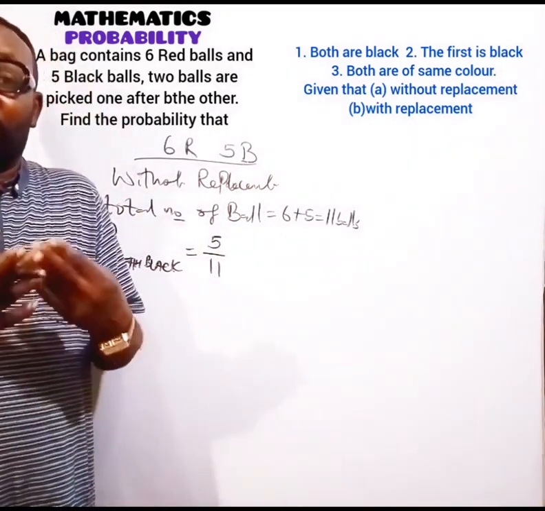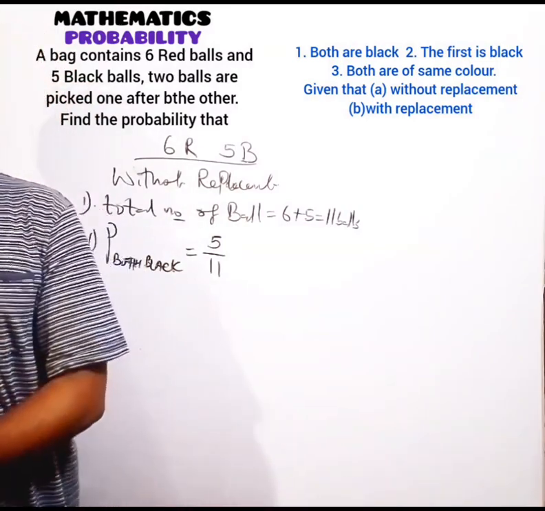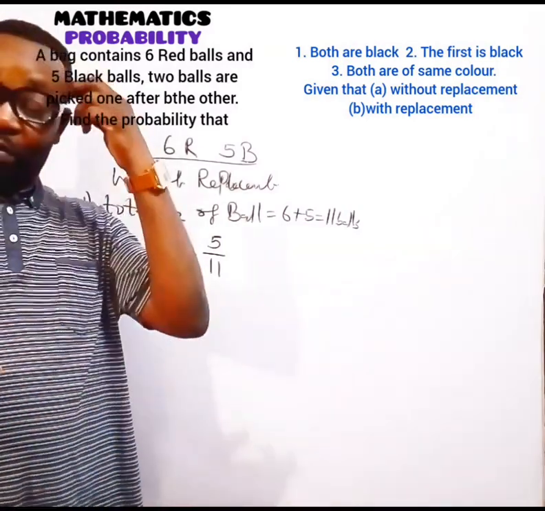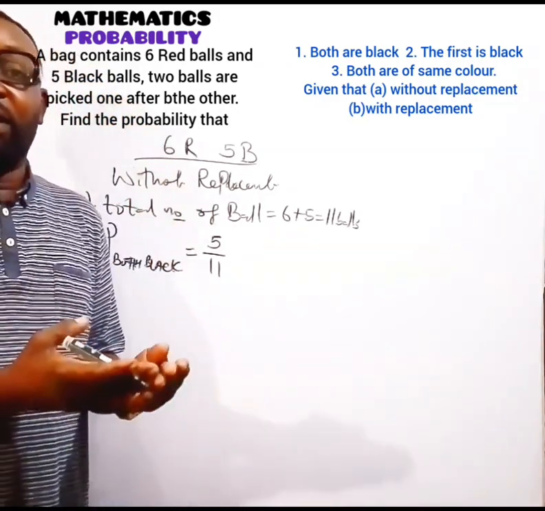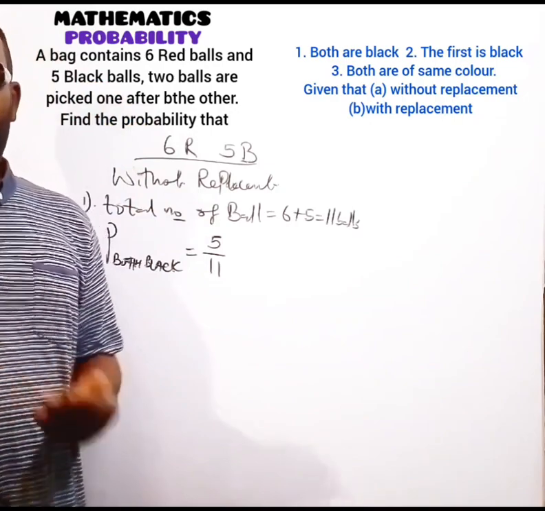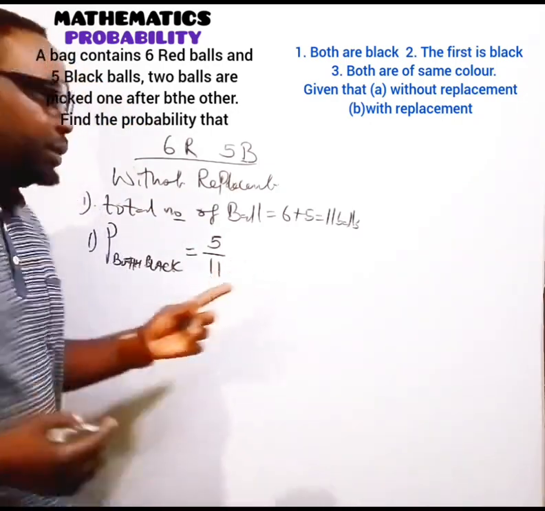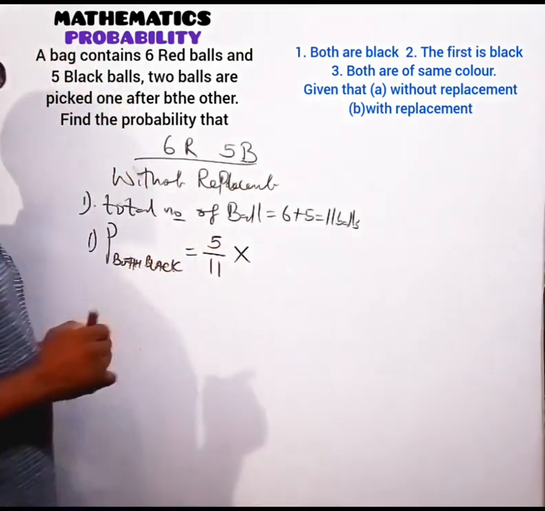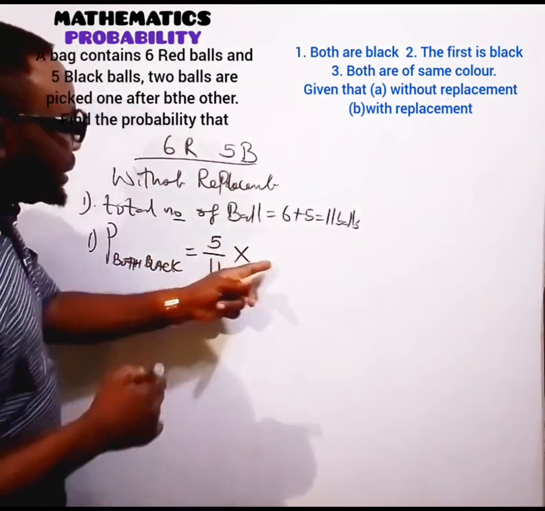When you want to now say it, you say the first is black and the second is black. Don't forget in probability, when you have "and", it means it is an independent event and will give us multiplication, and multiply by both black. First is black and second is black.